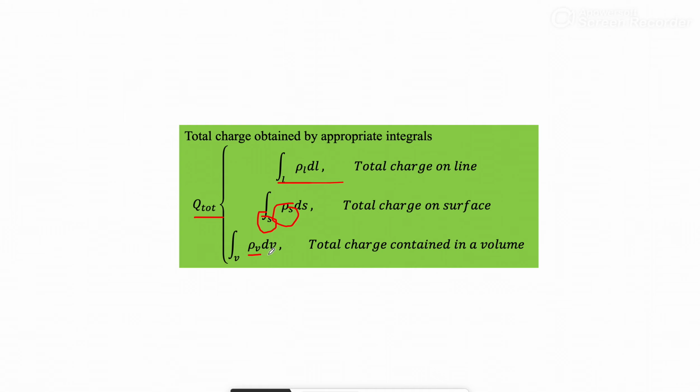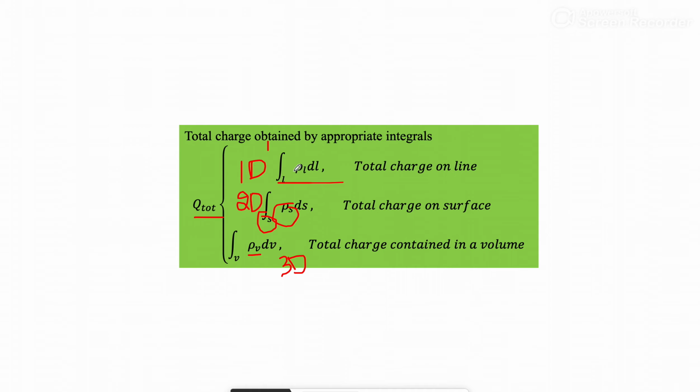So this one is one dimensional, this is two dimensional, and this is three dimensional.